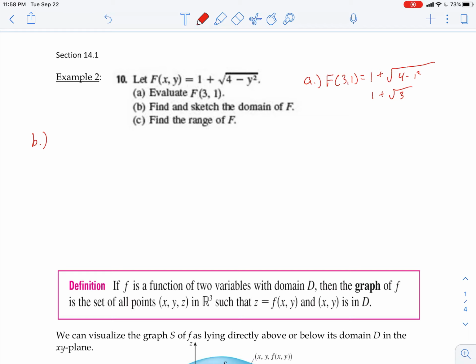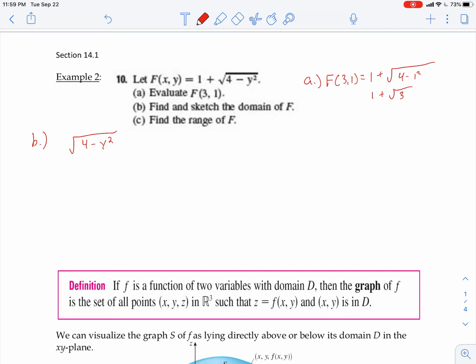So now what I'm going to do, I'm going to look at my function, and I'm going to look at what the function equals, and if there's anything that gives me certain limits to what I'm able to do. So one thing I know is that the square root, I'm not allowed to have a negative value underneath the square root.